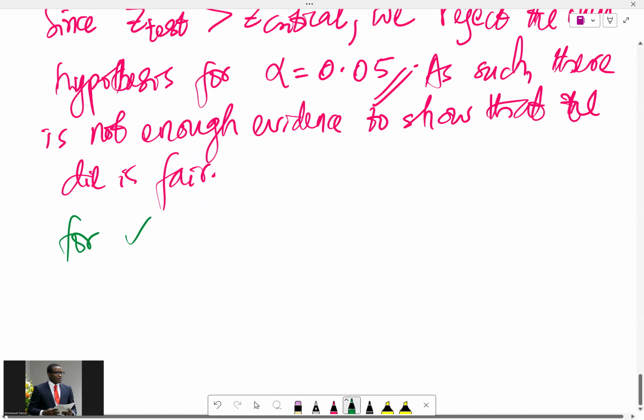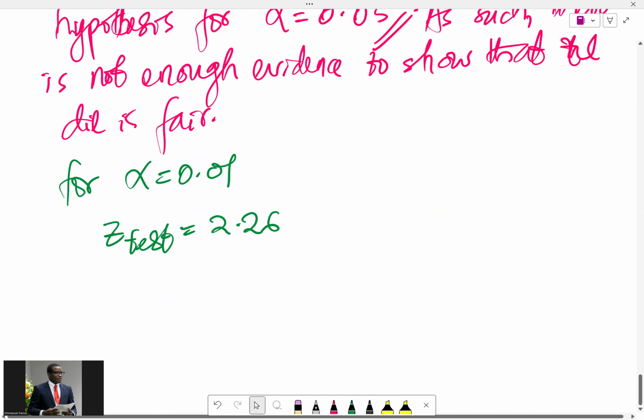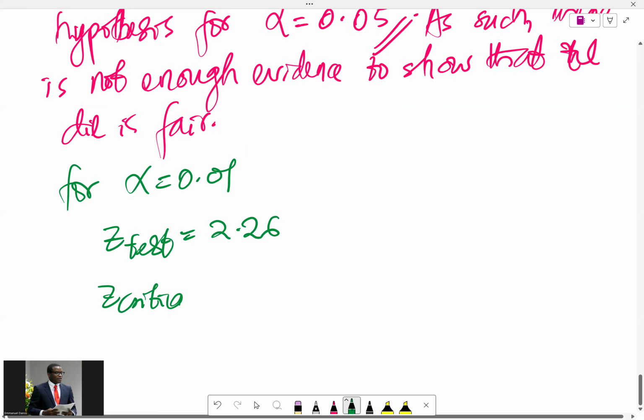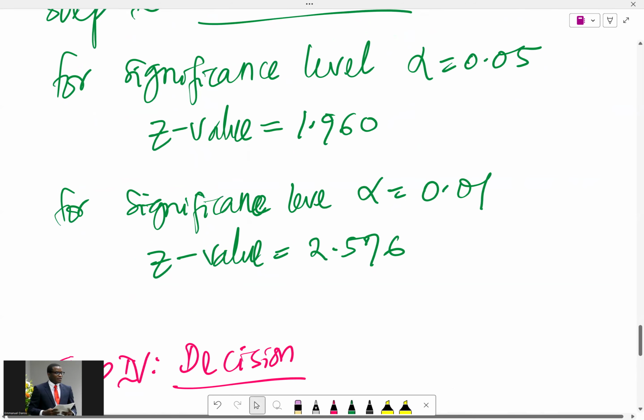For alpha equals 0.01, again, Z test is 2.26, and Z critical, the table value, is 2.576.